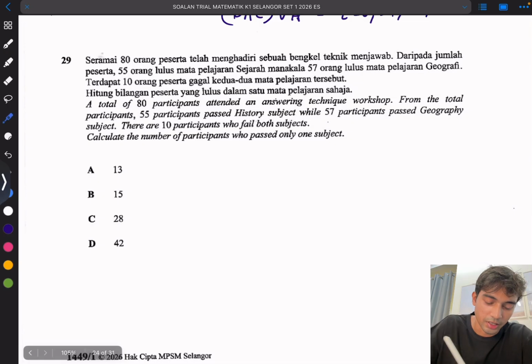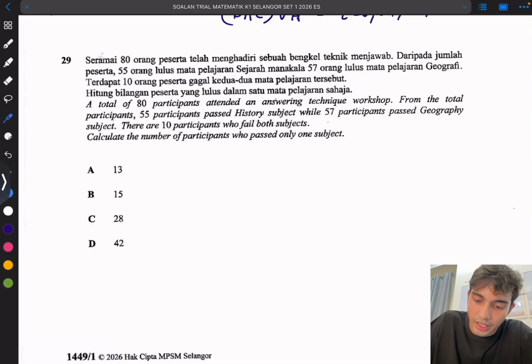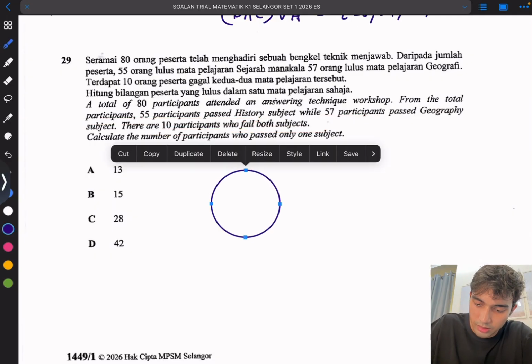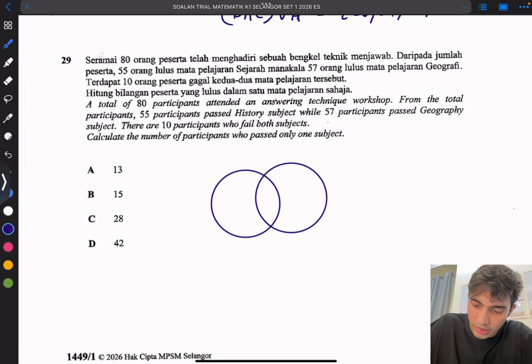Alright, 29. A total of 80 participants attended an answering technique workshop. From the total participants, 55 participants passed history, 57 passed geography, 10 failed both. So we draw a set like this.